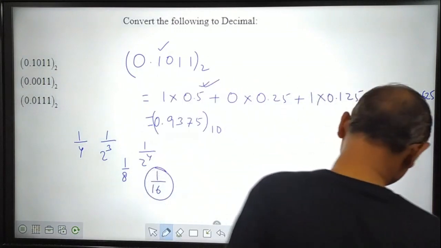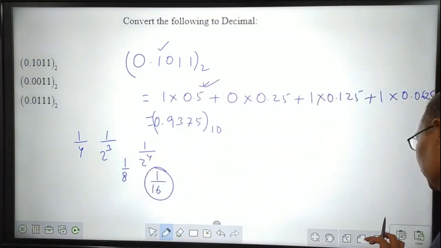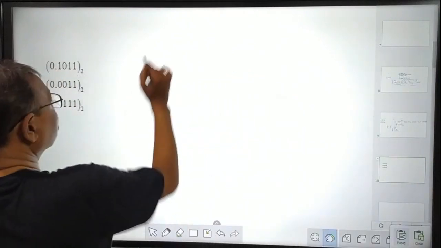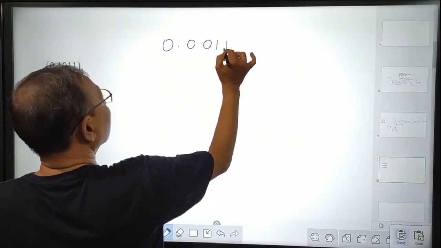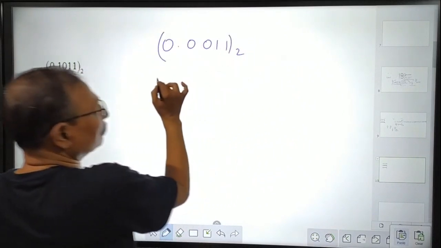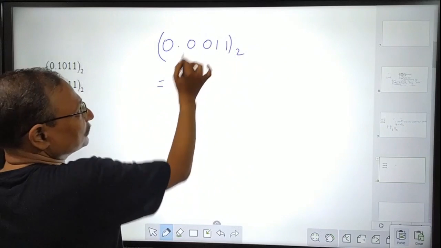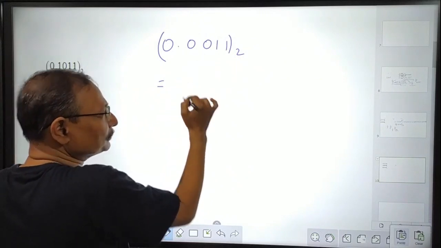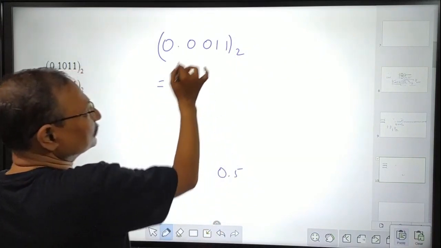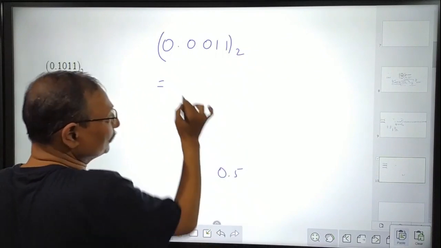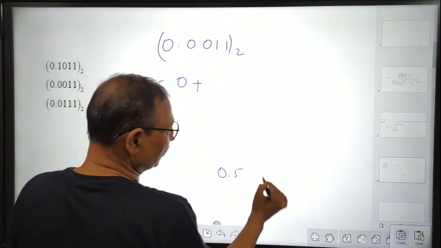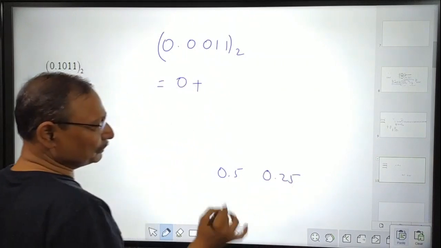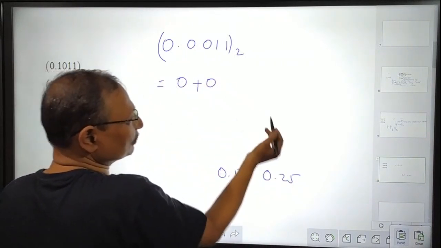So now if we want to convert the second one, I am taking another sheet. If we take this example 0011, in the process of conversion this 0 is supposed to be multiplied by 0.5, and we know that 0 multiplied by 0.5 gives 0. Similarly, 0 is supposed to be multiplied by 0.25, but we know the product will be 0, so simply write 0.